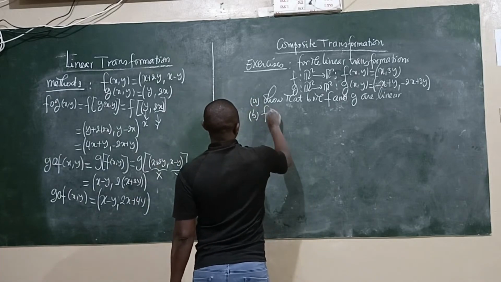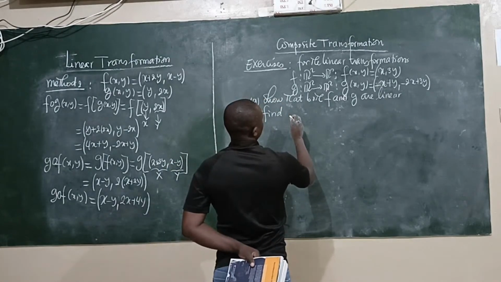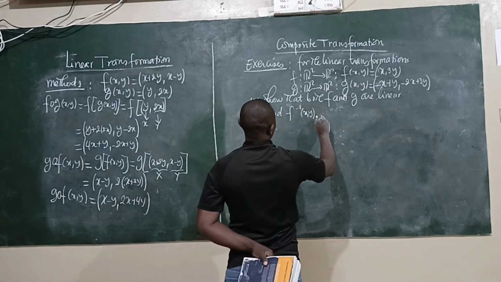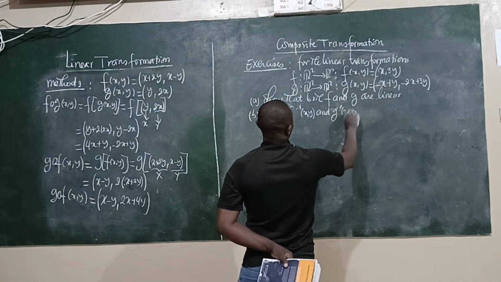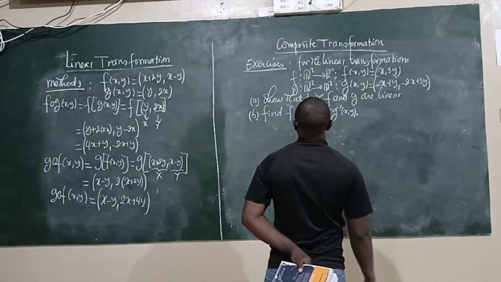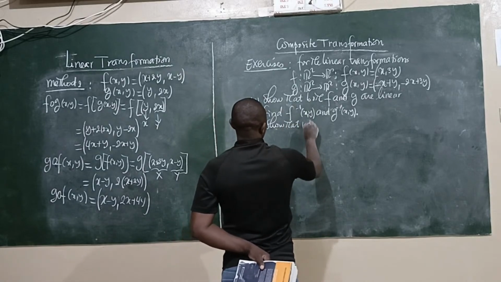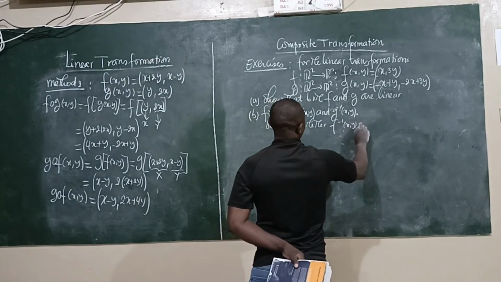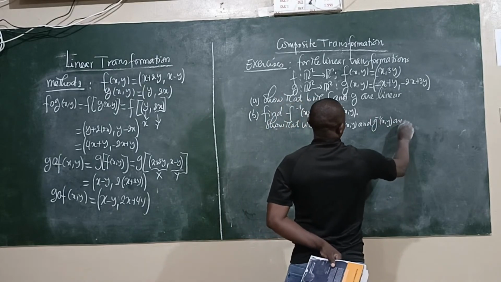B: Find f inverse of (x, y) and g inverse of (x, y). After this, show whether f inverse (x, y) and g inverse (x, y) are linear.